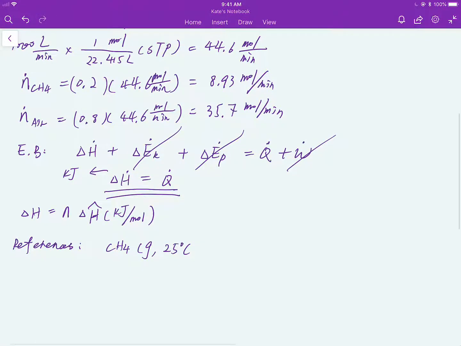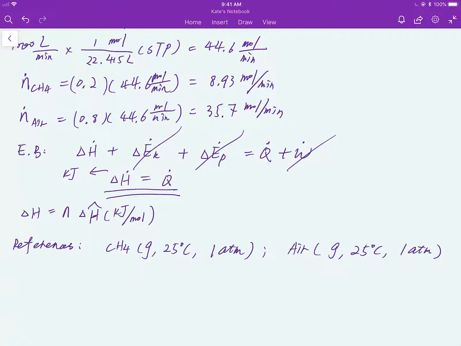In this way, if I calculate outlet, I simply subtract inlet. I can set the reference temperature and pressure, and the specific enthalpy is simply 0 for the reference state. Again, methane is gas at 25 degrees Celsius, 1 atm. That is my reference state.